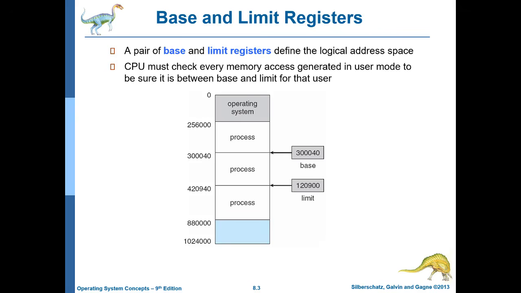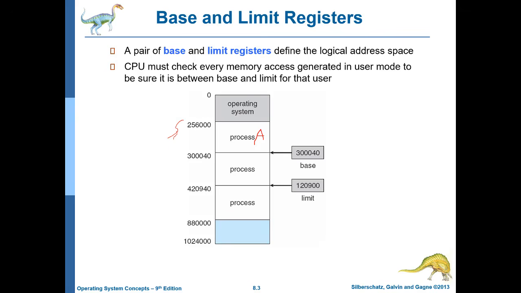Then you have another process, let's call it process A. This process A has the address from 256,000 to 30040. This total area is the address space of this process.